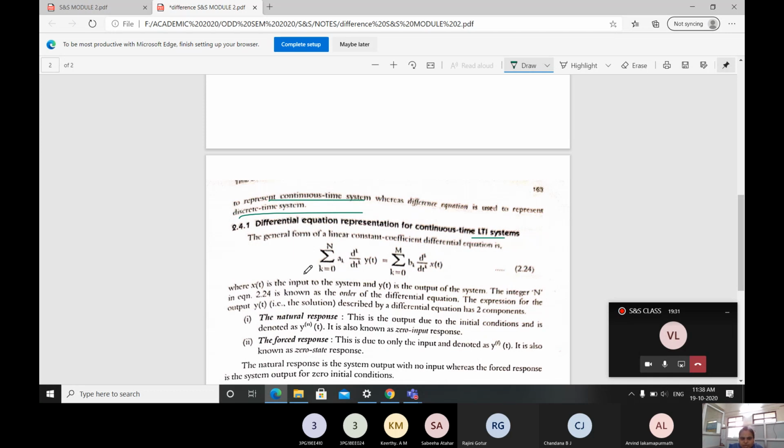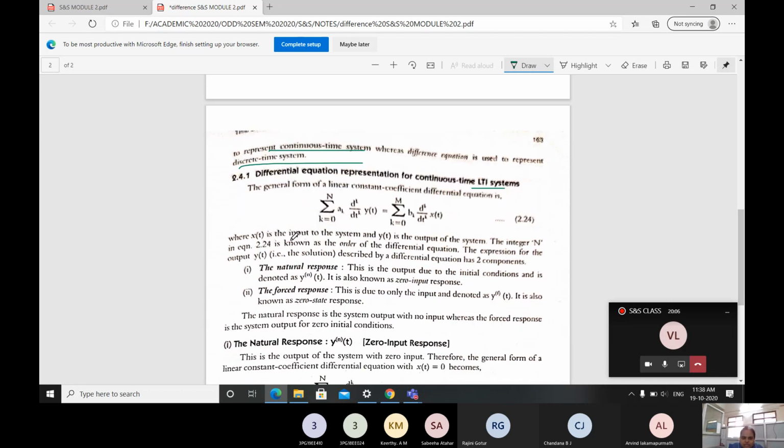Consider the general form of the linear constant coefficient differential equation: summation k equal to 0 to N, a_k d^k/dt^k of y(t), is equal to summation k equal to 0 to M, b_k d^k/dt^k of x(t). Here x(t) is the input to the system and y(t) is the output of the system.